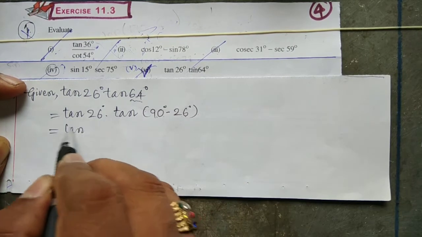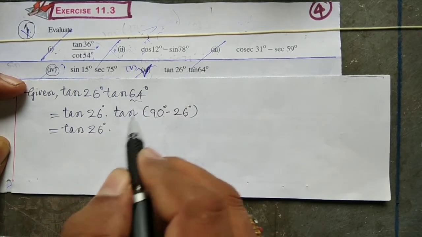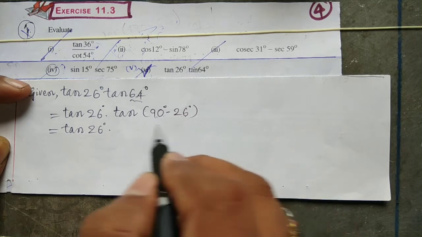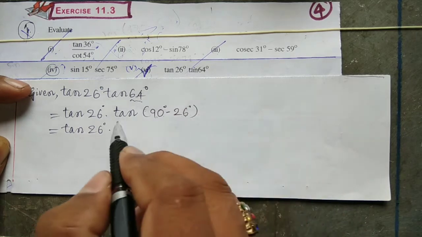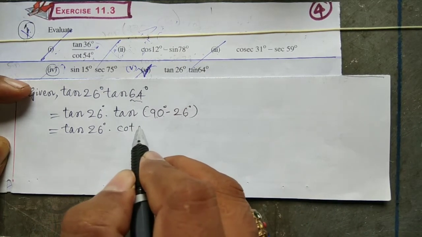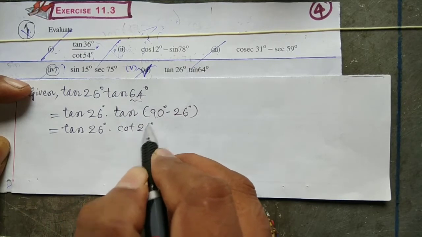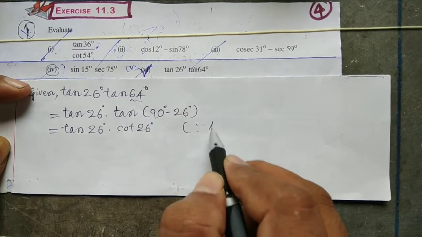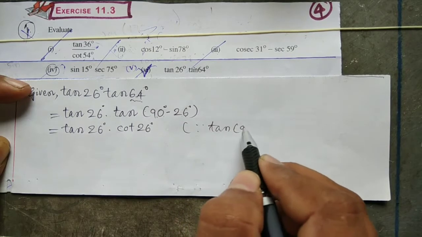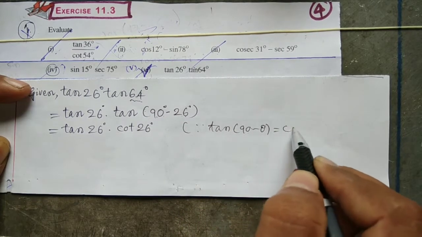Tan 26 degree, tan 90 minus theta is cot theta. So cot 26 degree, because tan 90 minus theta is equal to cot theta.